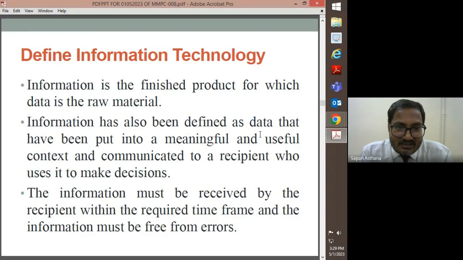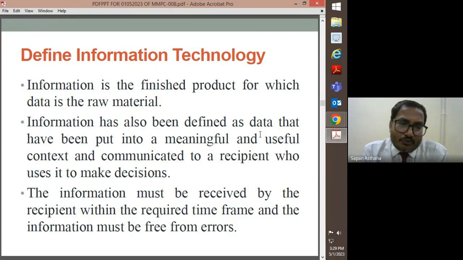Information has also been defined as data that have been put into a meaningful and useful context and communicated to a recipient who uses it to make decisions. The information must be received by the recipient within the required time frame, and the information must be free from error. These are especially the meaning of information.